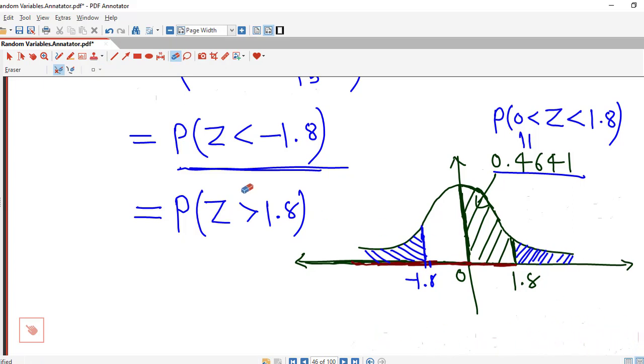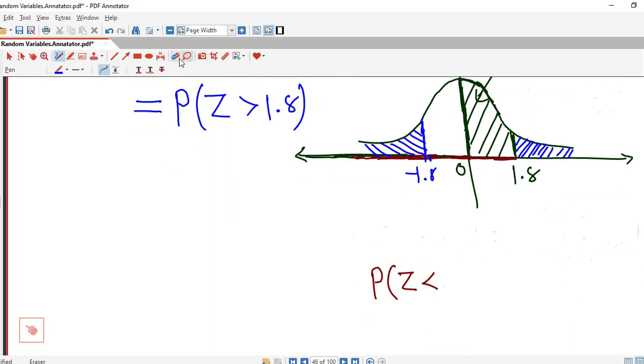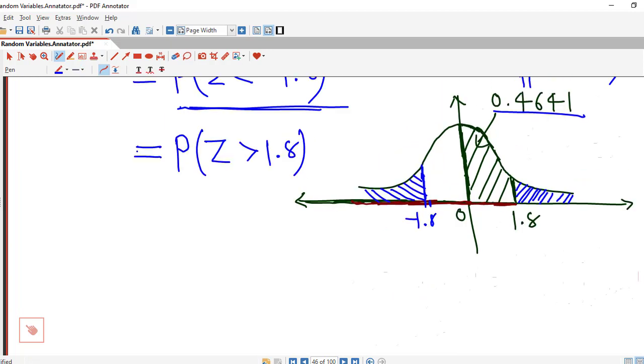Now again we know that the total area under the standard normal curve is always 1, and the standard normal curve is symmetric about the y-axis. So if we consider this area, the probability that 0 less than Z less than infinity, then it is the area to the right side of the y-axis. So this is nothing but 0.5, because it is half of the total area and the total area is 1.